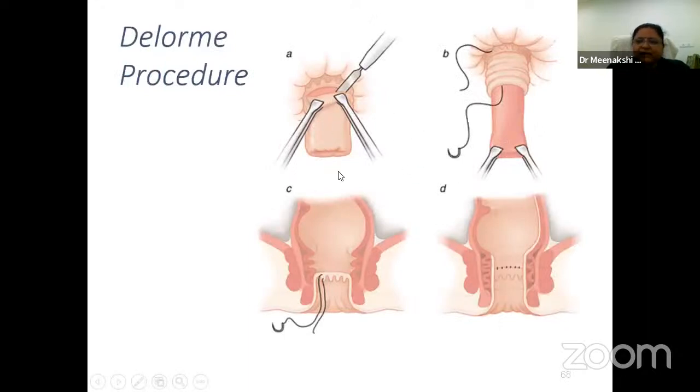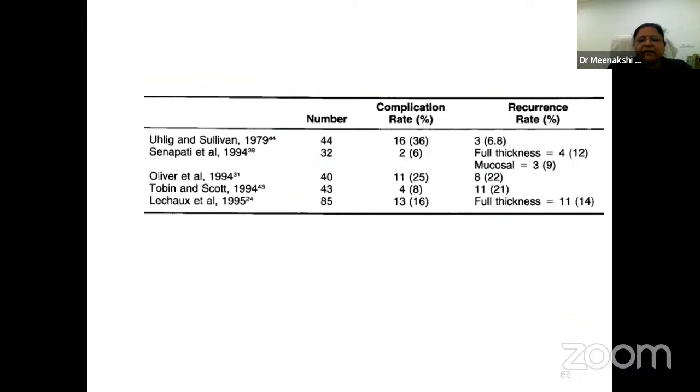Eversion of the rectum, then this way you can do the plication and fixation of the muscle, fixation of the mucosa to the muscle, and we are preventing the rectal prolapse or repositioning it back to normal. So this is Delorme's procedure, but the recurrence rate is very high in these cases.